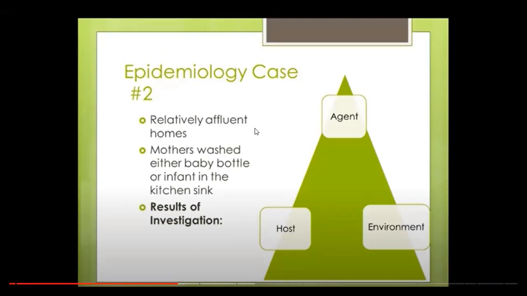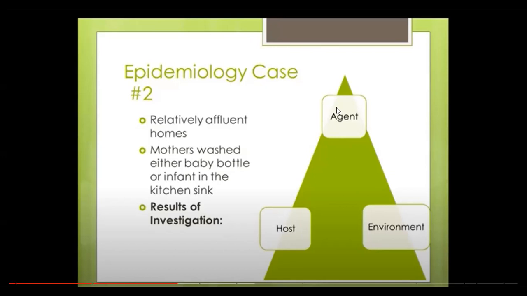What are the underlying causes? They should try to find out what the agent is, what the host is, and what the environment is. So one, two, three, right? This triad consists of external agents, and also a susceptible host and environment that bring the host and agents together, right?